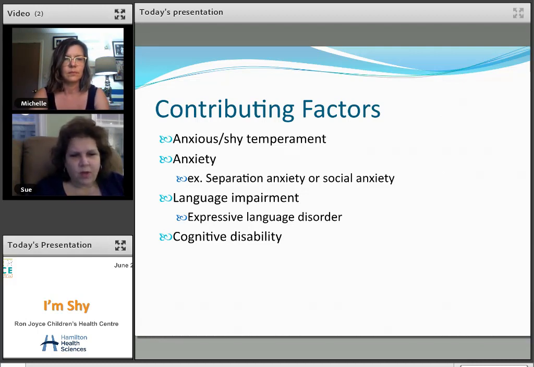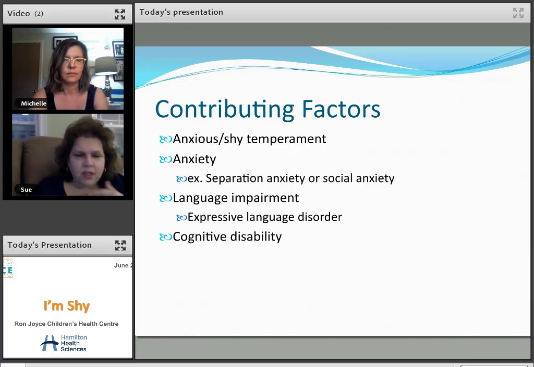If it's starting to go beyond age 5 and they're now 7, 8, 9, it's now becoming more of a disorder than it is part of that developmental age and stage. But social anxiety can also go along with shyness, or it can be part of that selective mutism, where they're so socially anxious that they just don't want to talk, and they're so fearful of the rejection or the judgment that they may face from others.